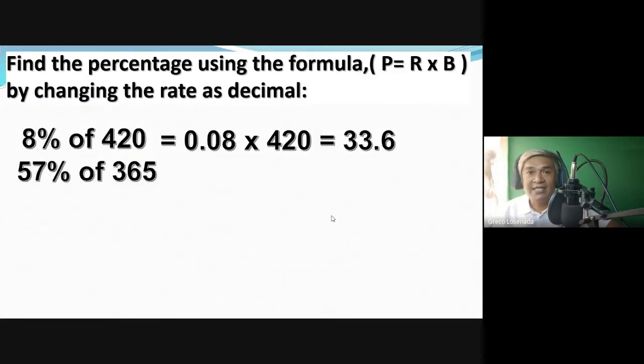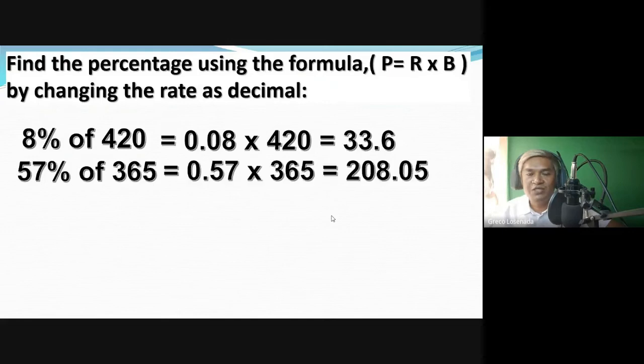Now, let's get 57% of 365. Change it to decimal form, which is 0.57 multiplied by 365, giving us the percentage of 208.05.